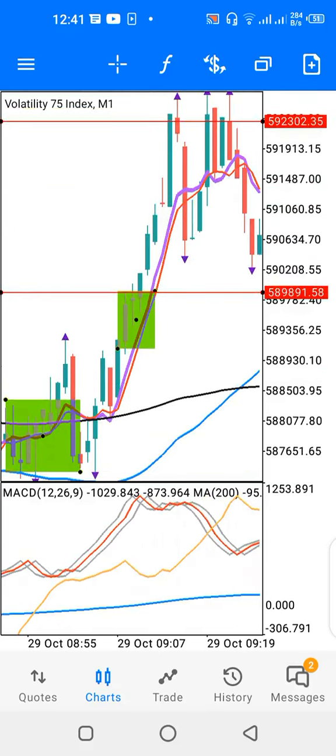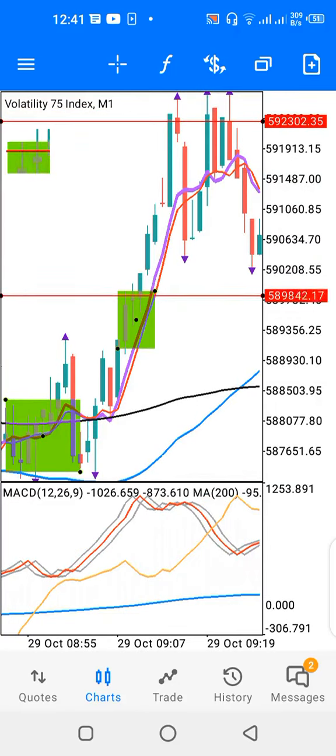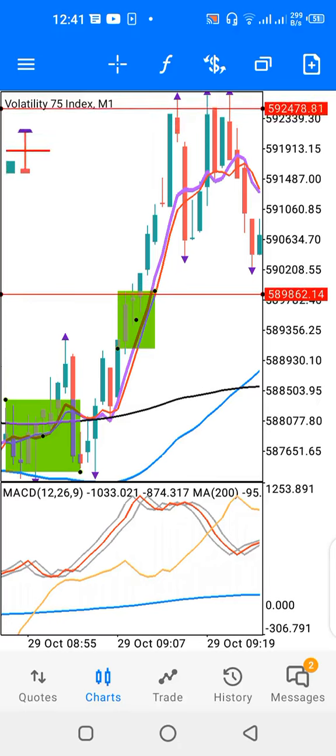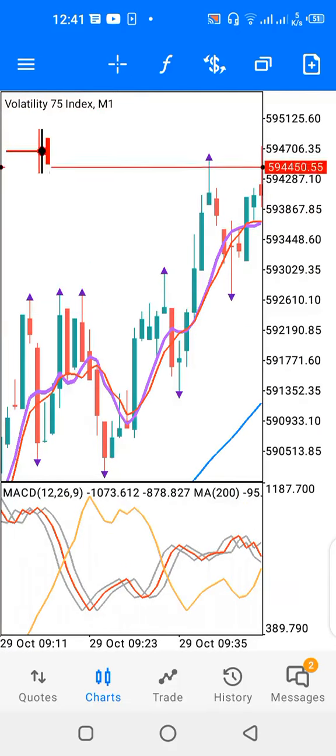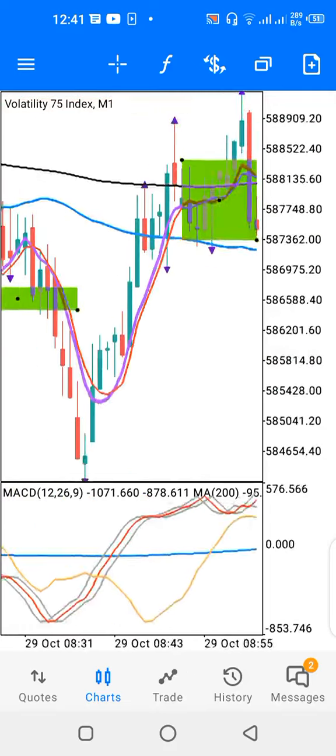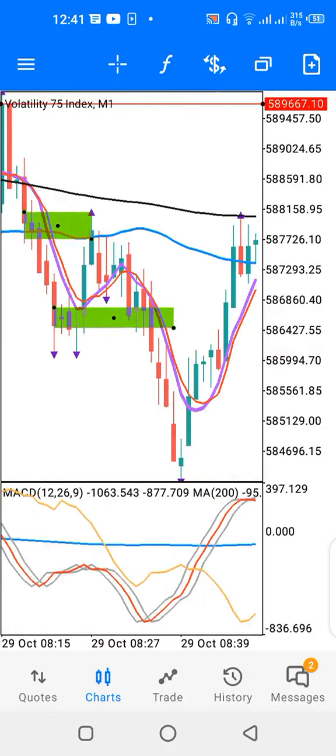Okay, price went as far as 3,000 points, from 5,898 up to 5,925, thereabouts, almost 3,000 points. But it went higher. Okay, so that's basically how to use the indicators on the main chart for this strategy. Now let's look at the indicators on indicator window 1.